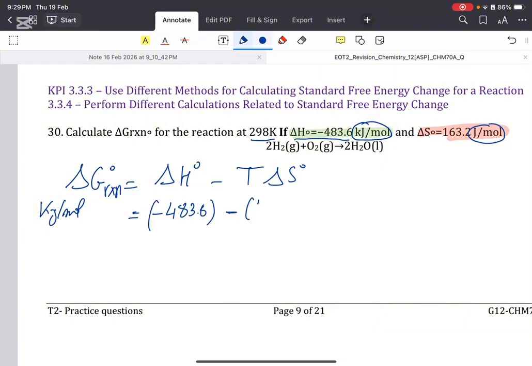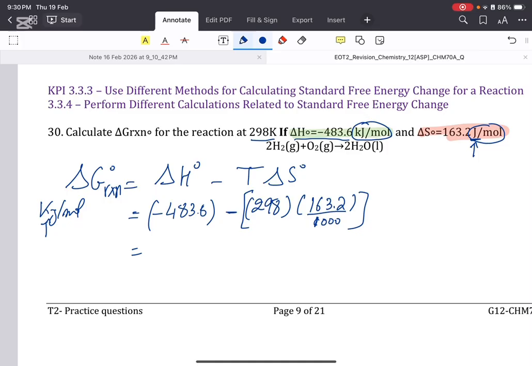Minus. Now the temperature is 298 Kelvin. Don't forget to use parentheses here. And the delta S has to be 163.2. Now look at this. The unit is joule per mole and I want it in kilojoule, so you are going to divide this, convert it to kilojoule.